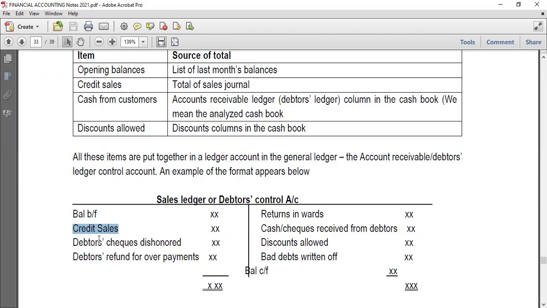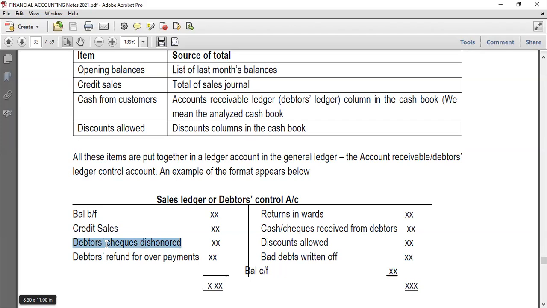Then we have the debtors' check dishonored. Now, the reason why we are seeing the debtors' check dishonored on the debit side is because if we have gotten a check from a debtor who has paid us, and once they pay us, definitely we adjust our books of accounts, okay?